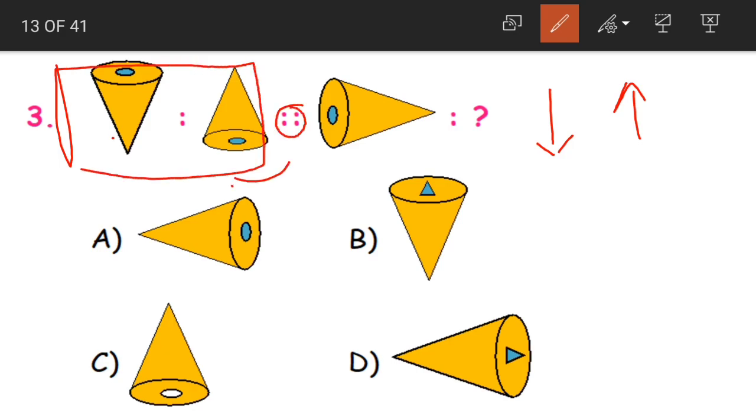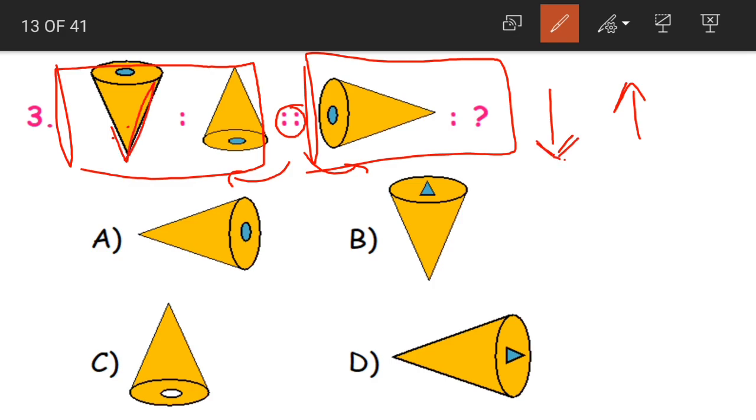Before as, this will be one pair and after it, this will be our second pair. Now the first pair is the complete pair here. In that the first cone's pointiness is facing downwards, and in the second figure the pointiness is facing upwards. What is the relationship between these two? They are facing the opposite directions.